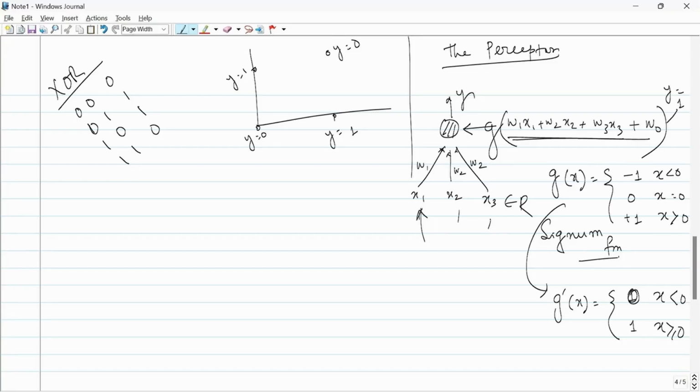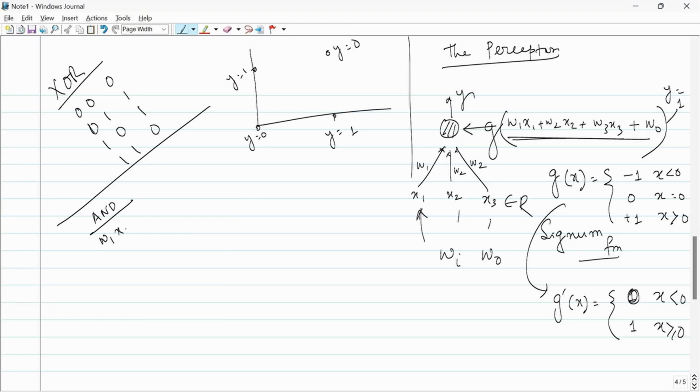Okay, so if you do that, let's see what happens with AND. What are the parameters that we need to learn here? The parameters that we need to learn in this case are all these W's and W0, weights and bias. So to learn to mimic AND, there are two inputs, x1 and x2.